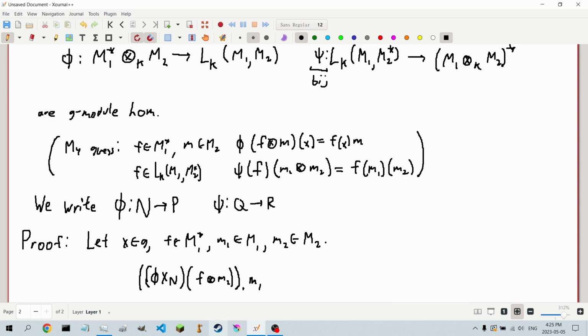Phi is going to then send that element in N to an element of P, which is a linear map from M1 to M2, which then acts on an element m1.